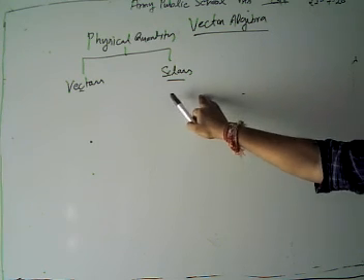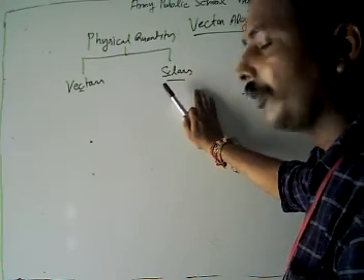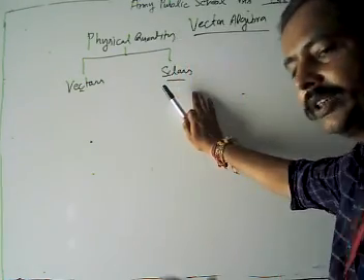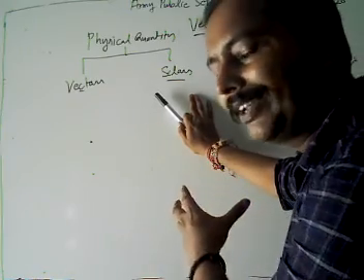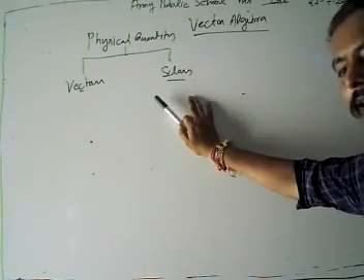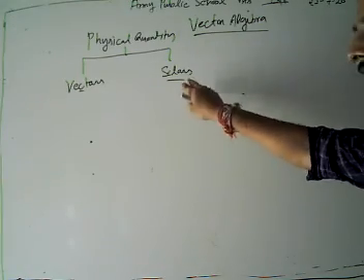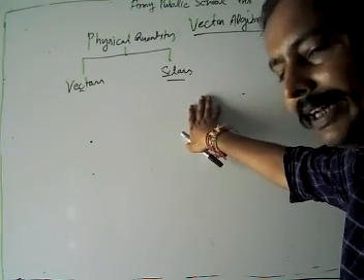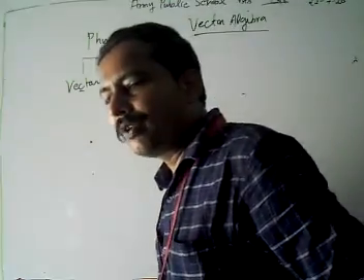What is a scalar? A scalar quantity is a quantity which has only magnitude and does not involve any direction. What is a vector quantity?